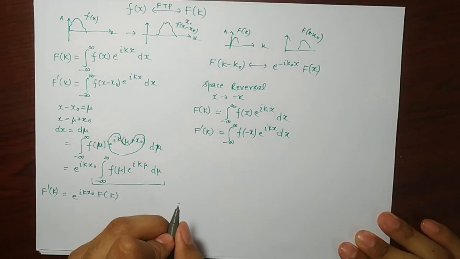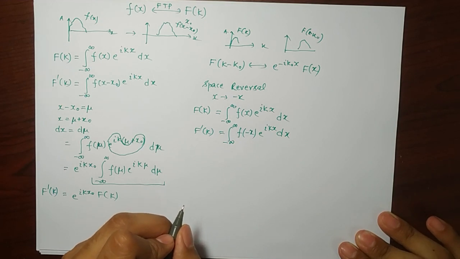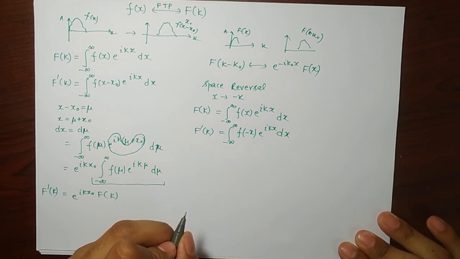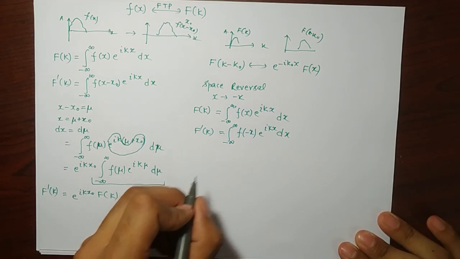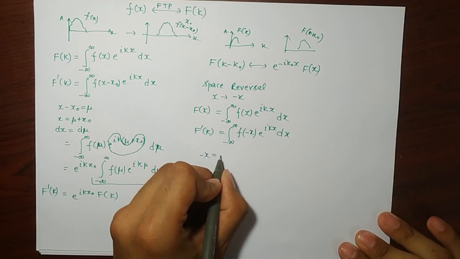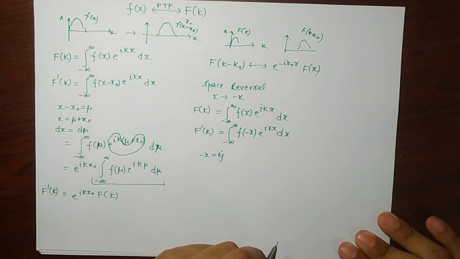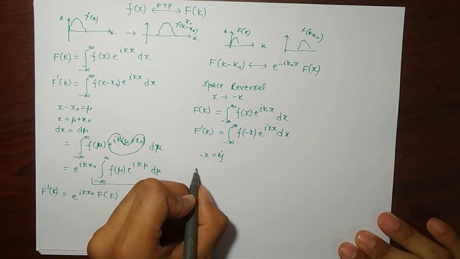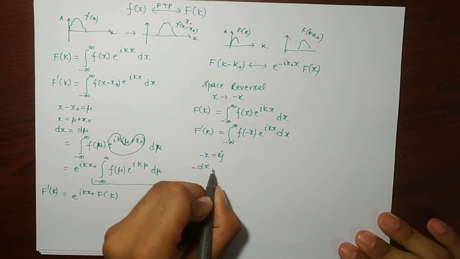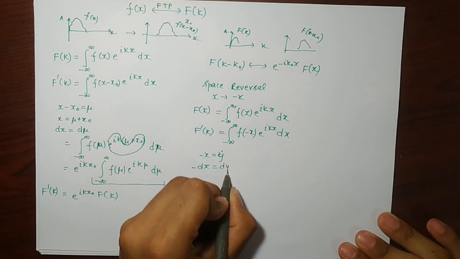What I can do is set minus x equals y. Then I'll have minus dx equals dy.